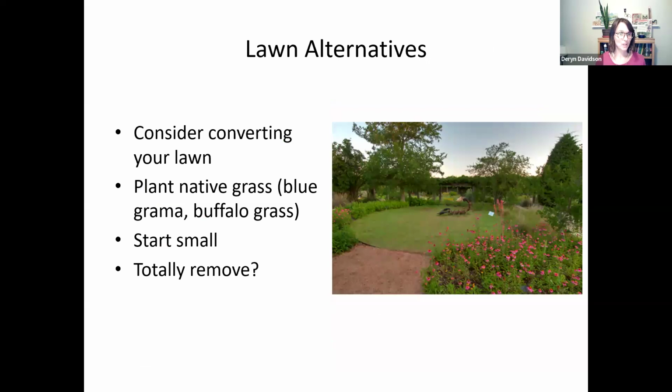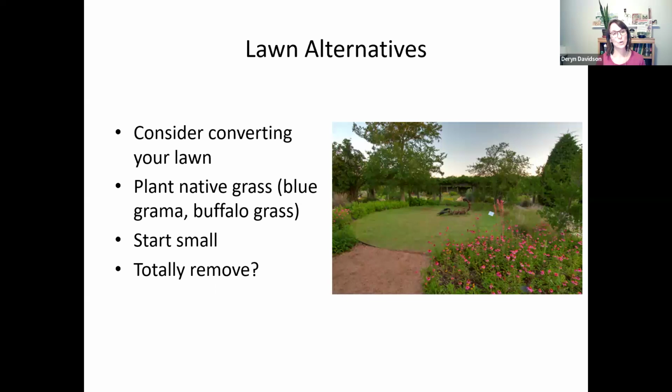There's a lot of talk about lawn alternatives right now. There's turf buyback programs, cash for grass, all kinds of things. And people are definitely looking at shrinking their turf footprint. You can convert your lawn to something totally different, like shrubs, perennials, that sort of thing.